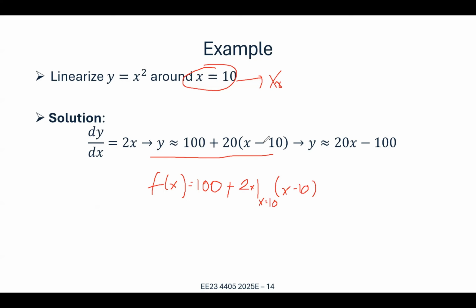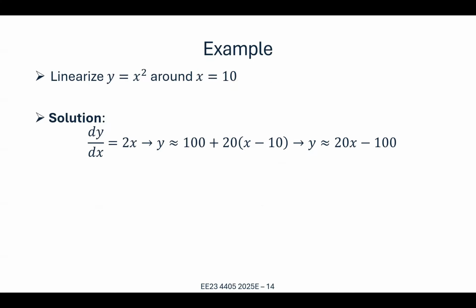So we have 20x minus 200 plus 100, so 20x minus 100. That's the linear equation, or the straight line, that is the result of the linearization of y equals x squared.